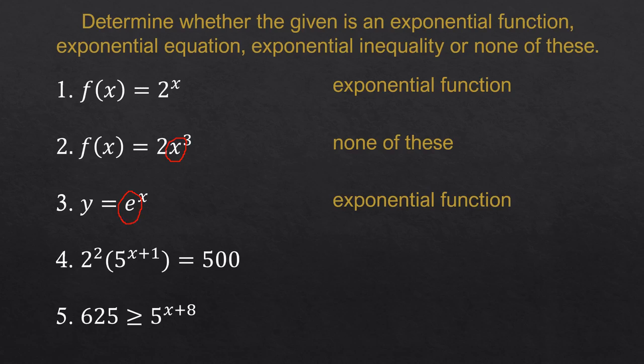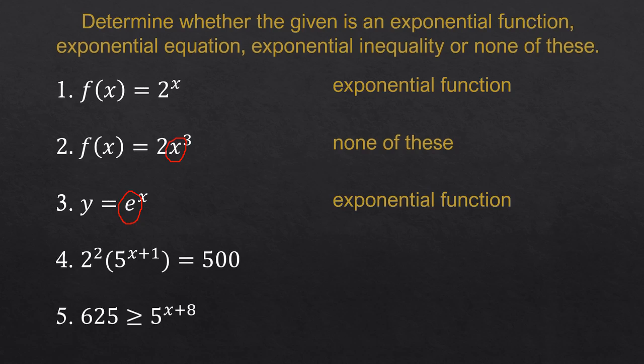This Euler's number is one of the most important numbers in mathematics. This mathematical constant is approximately equal to 2.71828. So, the right side of our function is an exponential expression also.